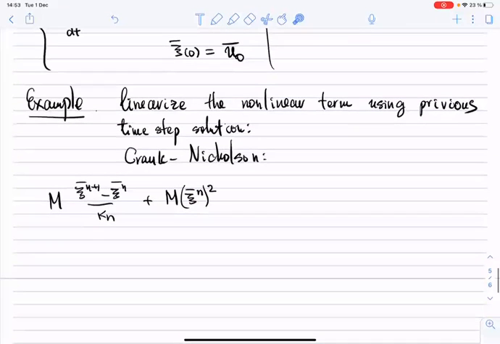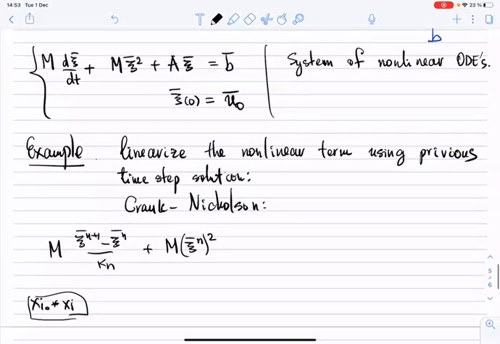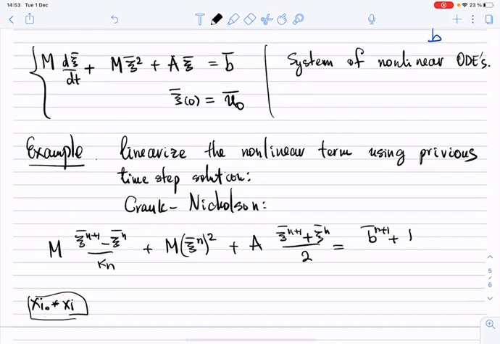I think in MATLAB you just write xi dot multiply xi, something like this. Then we have plus A (xi n plus 1 plus xi n) divided by 2 equals (b n plus 1 plus b n) divided by 2.